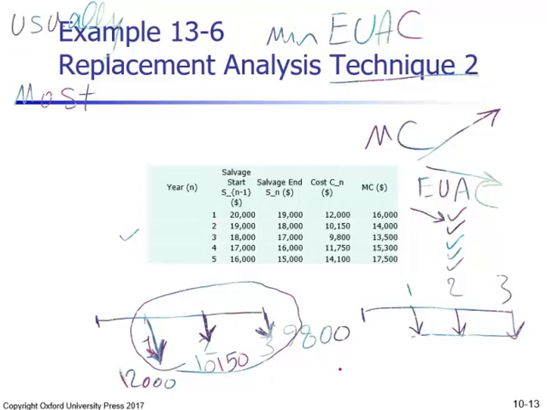So since we want to do everything step by step, as the next step in doing this example, just go and calculate equivalent uniform annual costs for costs.